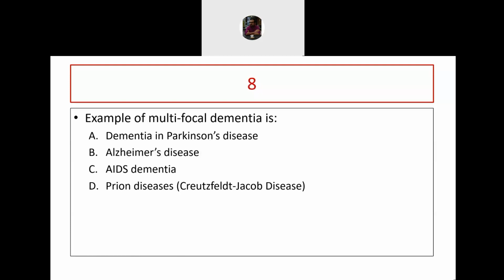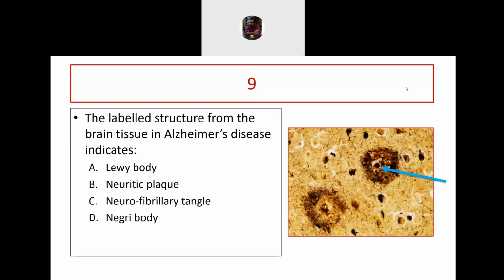Example of multifocal dementia is? That is a dementia that affects multiple parts of the body or the brain. Next. Now look at this histological picture.